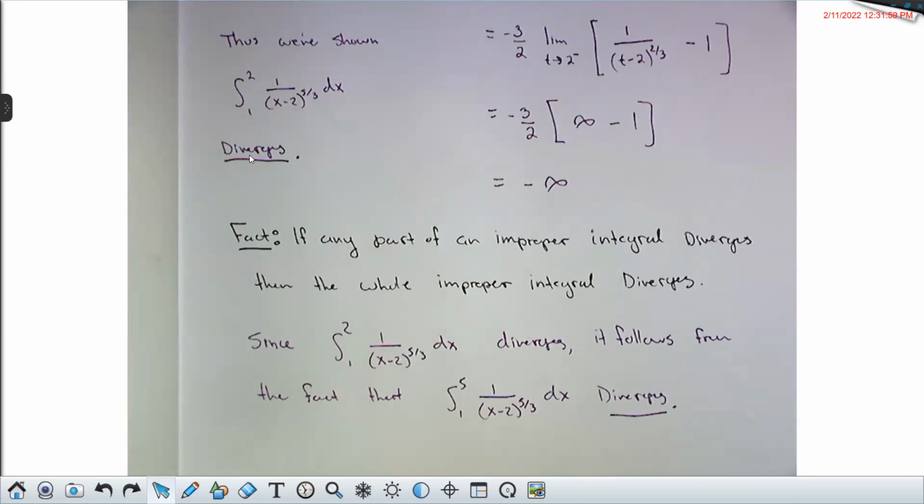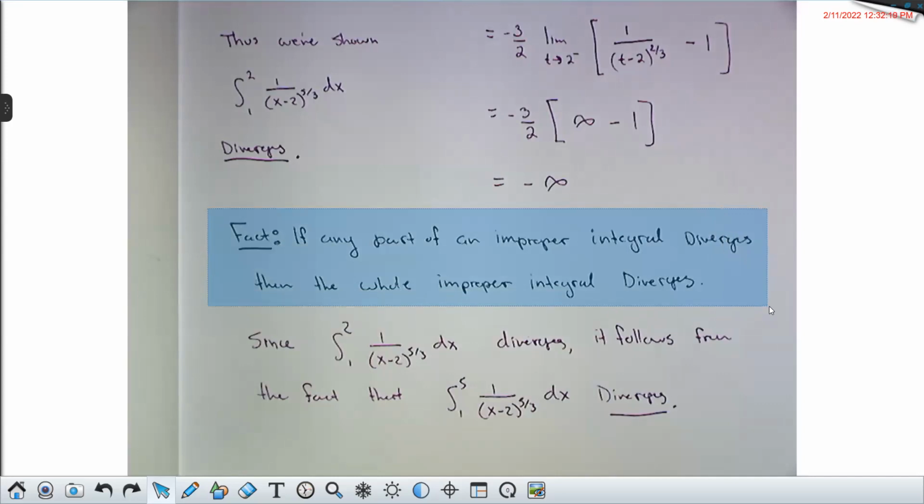Just by working with the integral from 1 to 2, I was able to discover that the entire thing, the integral from 1 to 5, all of it diverges. Even if the integral from 2 to 5 converged, the whole integral would still diverge because infinity plus something finite is still infinity. So this fact can be a big time saver.